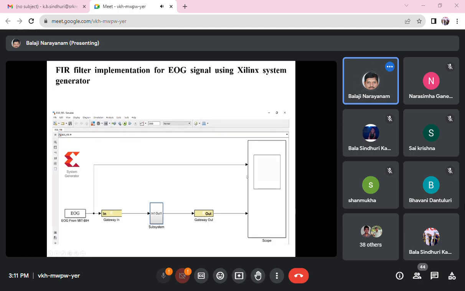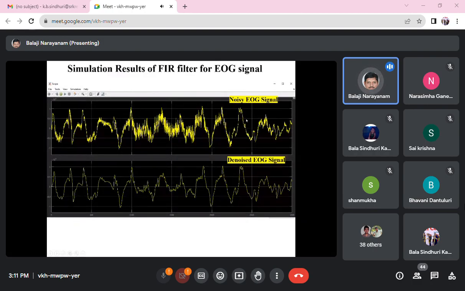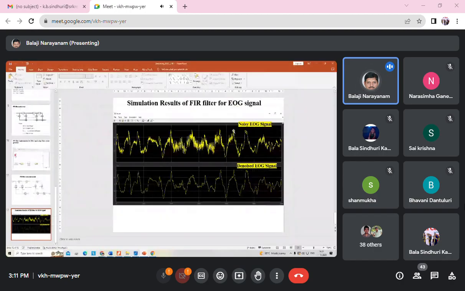In the Xilinx system generator, there is a scope block, just like the oscilloscope that we use in laboratories. A similar kind of simulated oscilloscope is available for us. So this is the FIR filter subsystem module that we have implemented, and this is a noisy EOG signal, and the denoised EOG signal is shown. The same we have extended for EOG signal also.